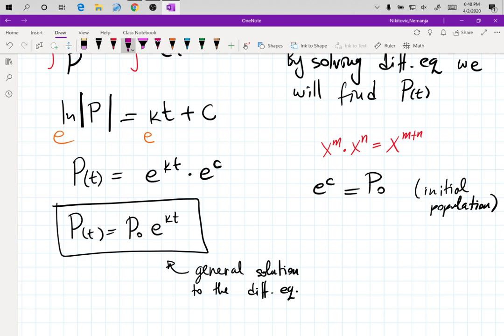The word general solution means that you still don't know what P0 and k are and so on. So you just have the formula in general, right? And if you had more information, you'd be able to compute P0 and k, and then you would have what we call the particular solution.